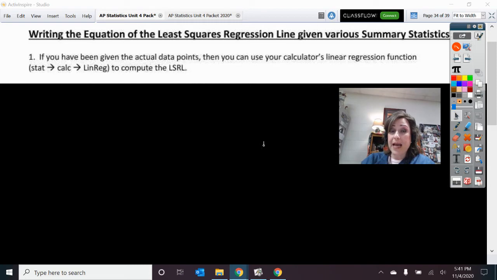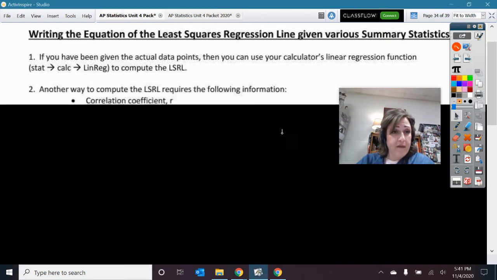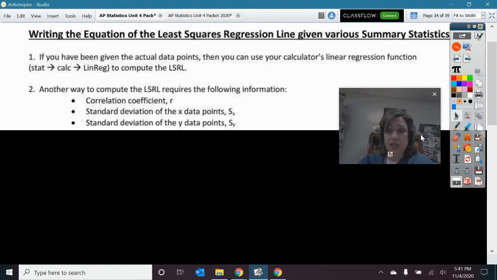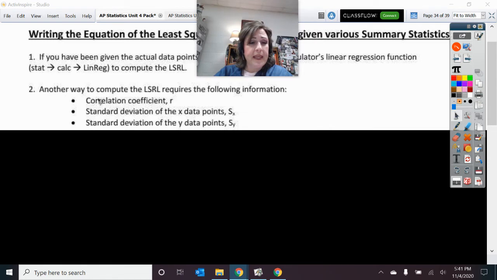But sometimes you do not have all of the data points. You have instead been given summary statistics. You have been given the correlation coefficient, the r, so how the data was correlated.